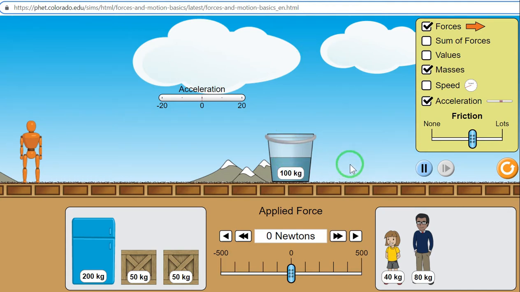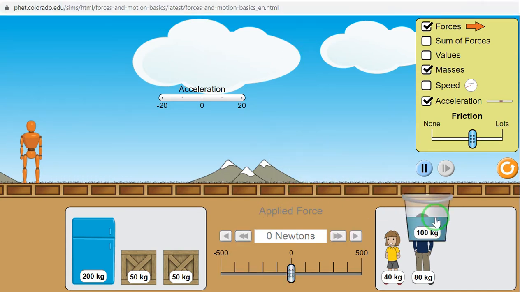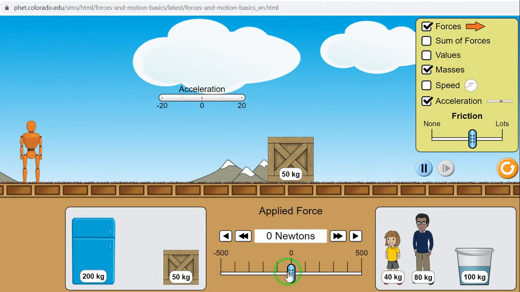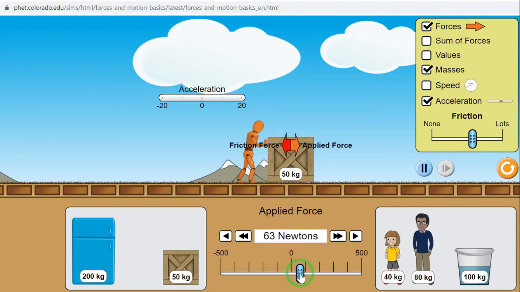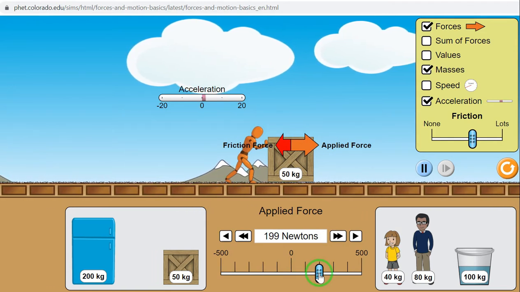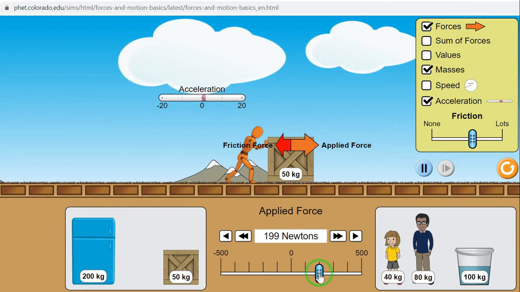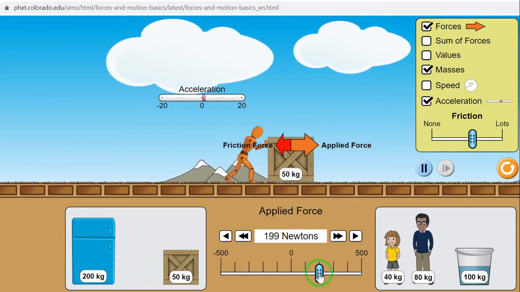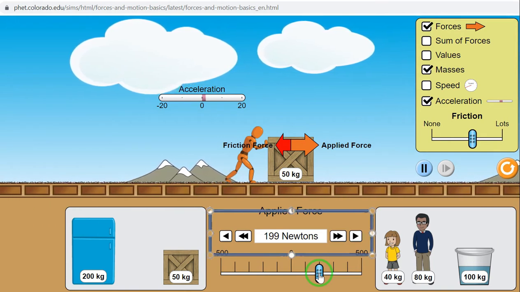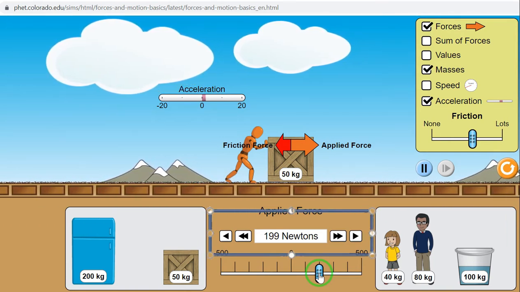Interact in the sense, for example, suppose I take out this 100 kg and keep a 50 kg, and then I apply a force. You see, I am applying 63 newtons. I increase it and then it starts moving. You come to know that a 50 kg mass can be made to move when you apply 199 newtons of force, right?